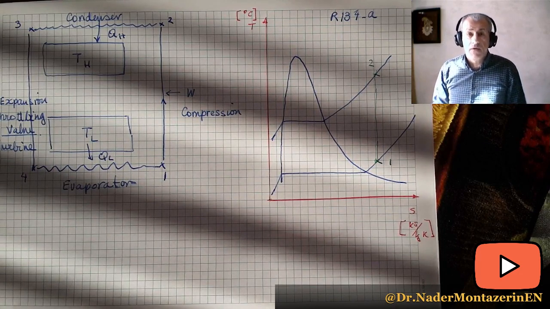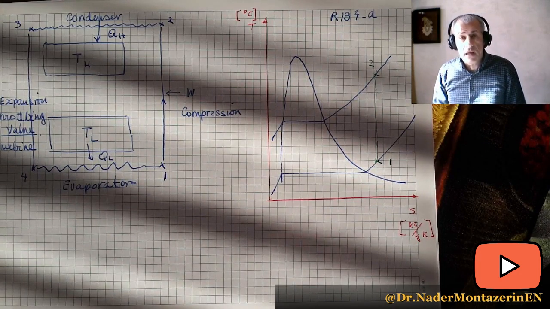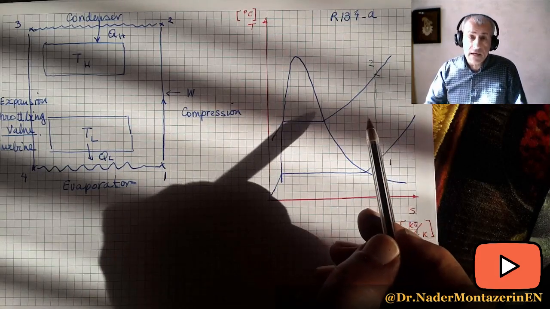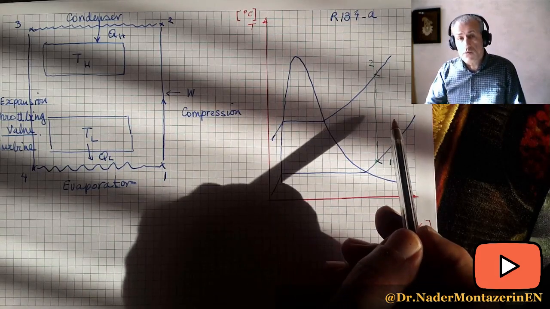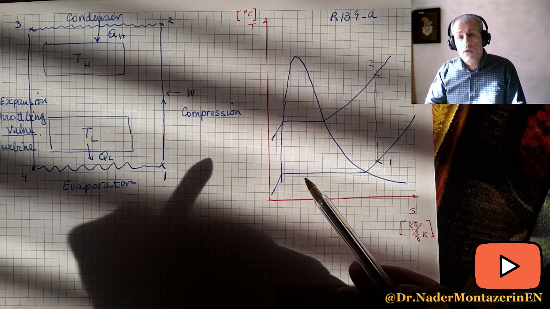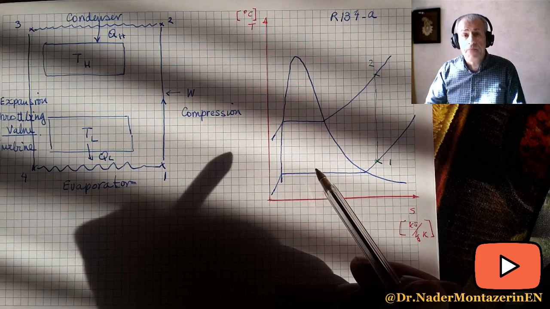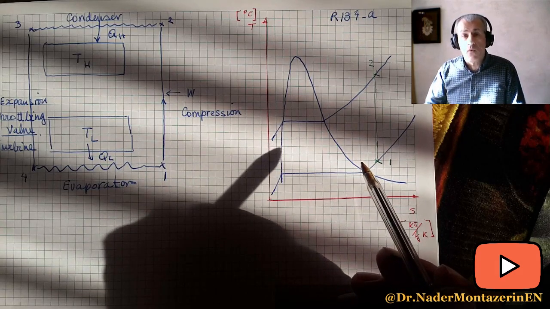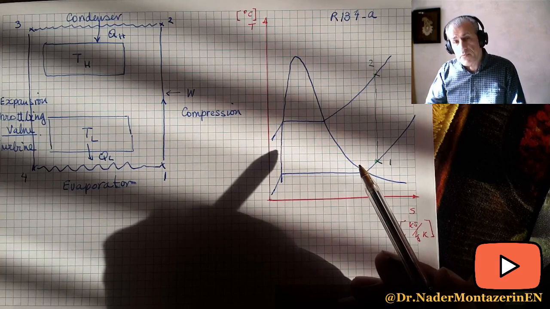But if some heat is lost, although that lost heat is part of the work that is done, still the work that we need for an isothermal process is less than the work that we need for an isentropic process.